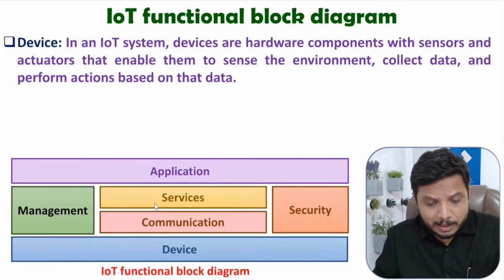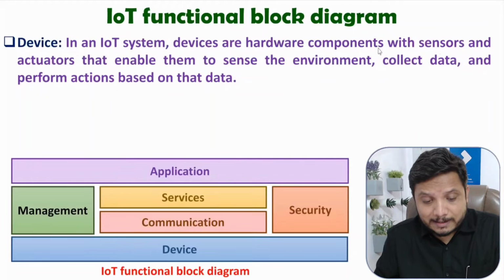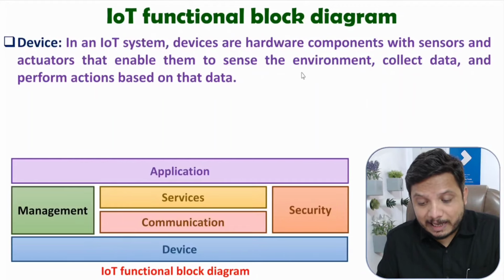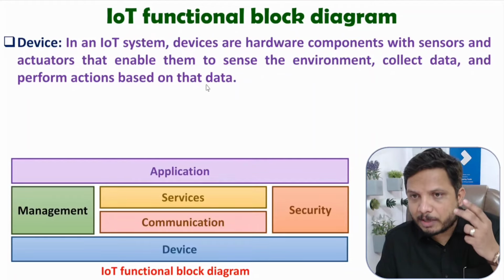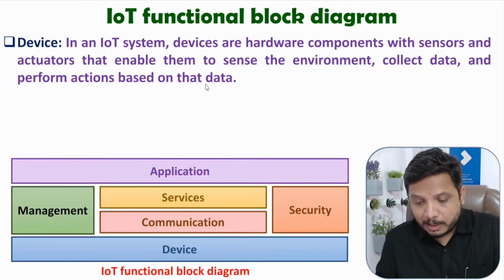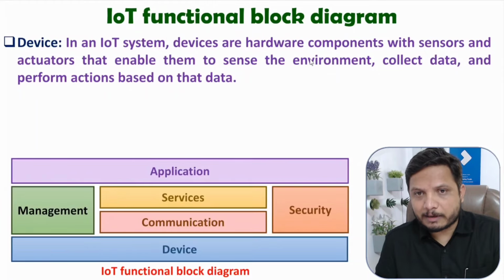So here in devices, you will be observing we will be having hardware components with sensors and actuators. Here, with the use of sensors and actuators, we will be sensing environment, we will be collecting data, and we will be performing actions based on data. So to perform actions based on data, we will be using actuators, and to sense the data, we will be using sensors, right? So that is how devices will be there.